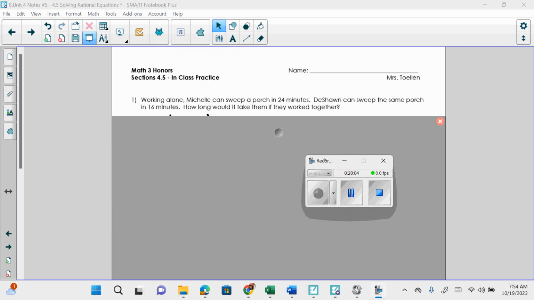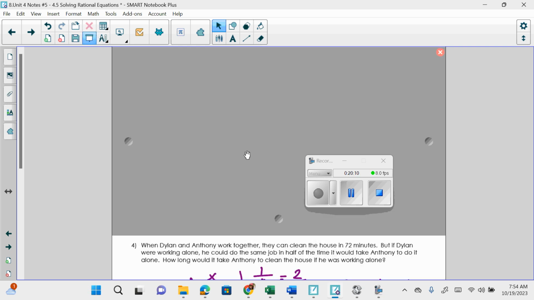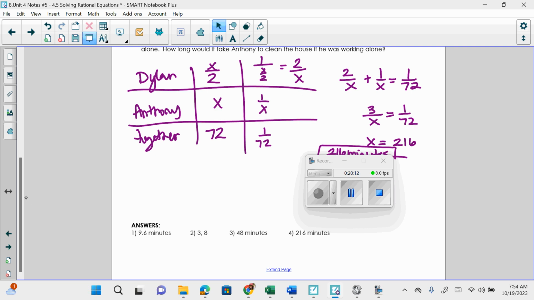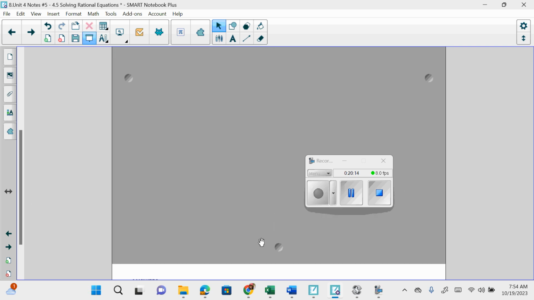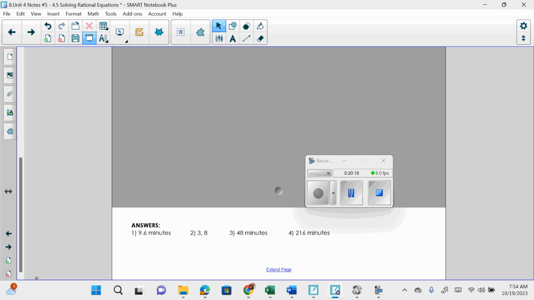There's 4 problems on here, and the answers to all 4 problems are on the back bottom, so you know if you're getting them right versus wrong. So do these 4 problems.